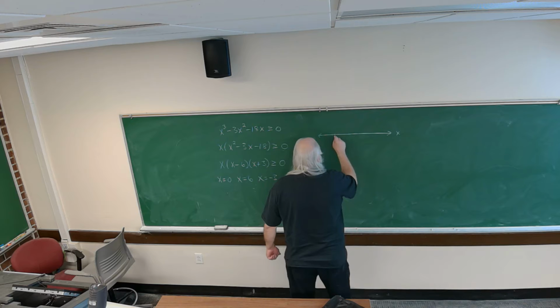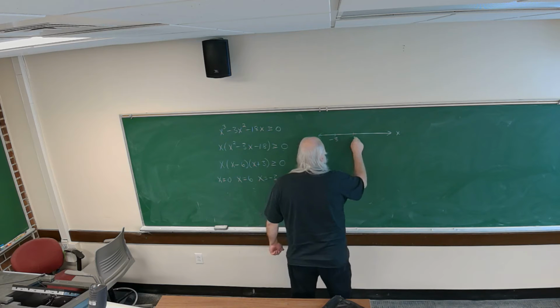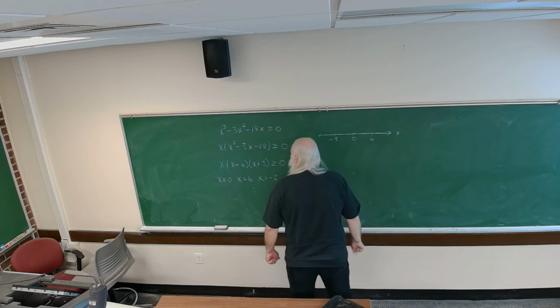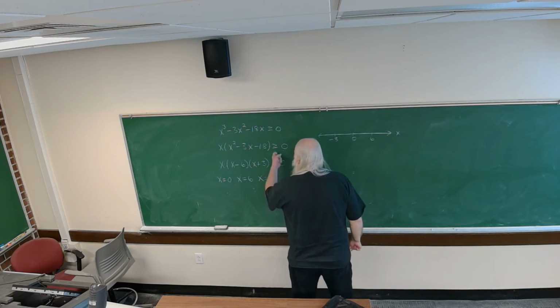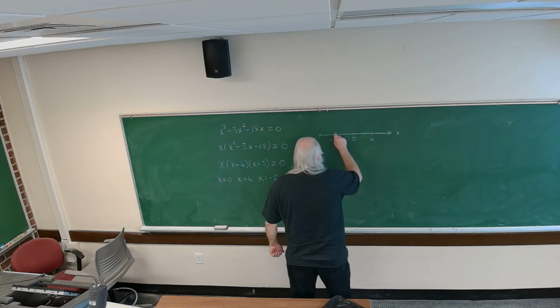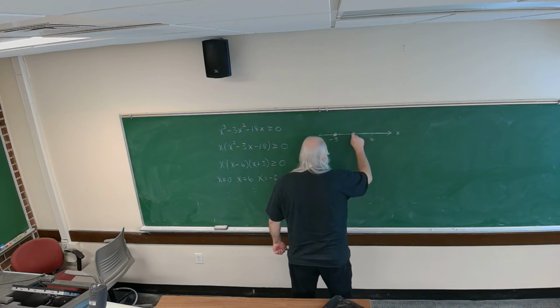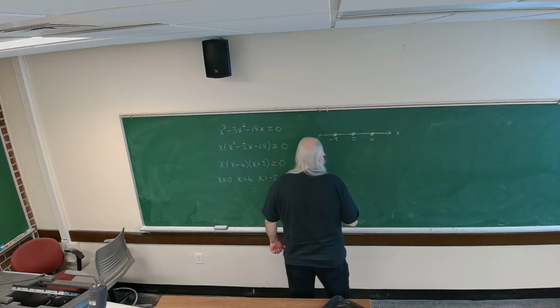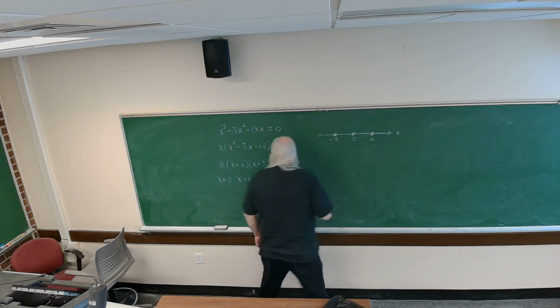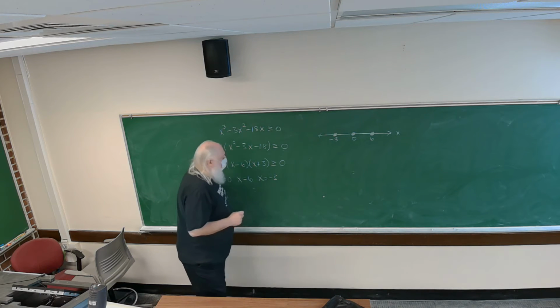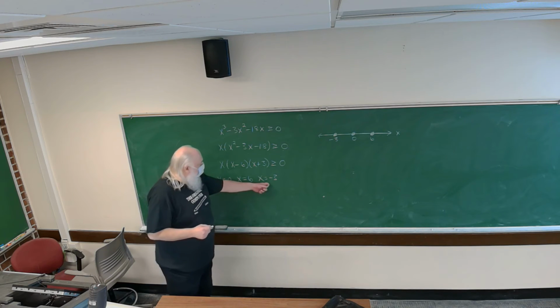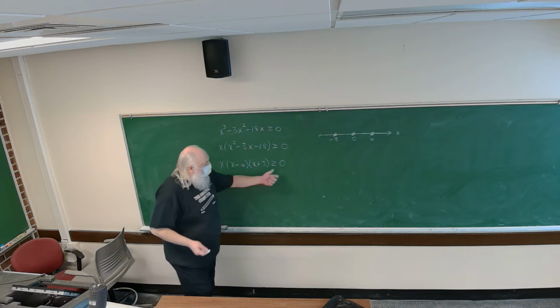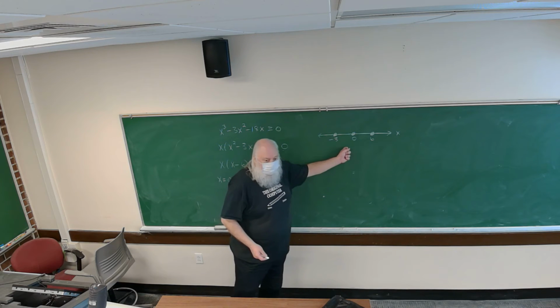So what do we have? Minus 3, 0, and 6. Since our inequality is greater than or equal to, all 3 of those numbers are in our solution set. Wait, but negative 3 is less than 0. Yes, negative 3 on the real number line is less than 0; that's how I've got it plotted.